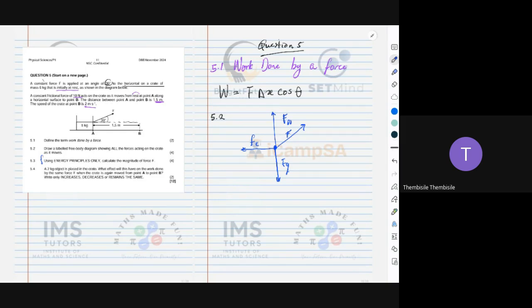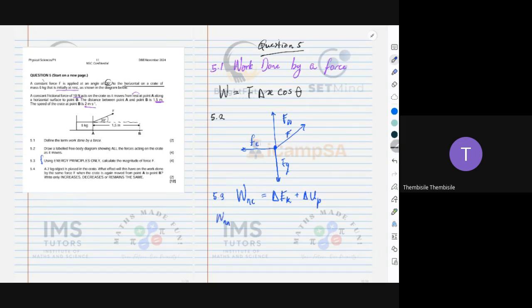So with energy principles, let's use what we just used before, which is, let's say 5.3, work done by non-conservative force is equal to the change in kinetic energy plus the change in potential energy. Okay, we can easily get this. Let me simplify it a bit.